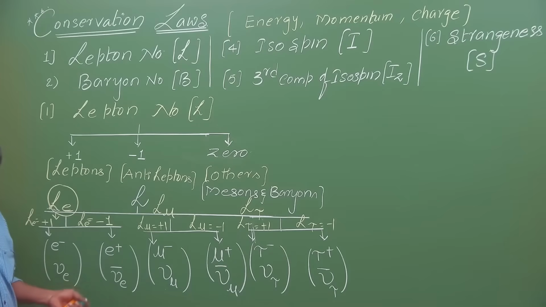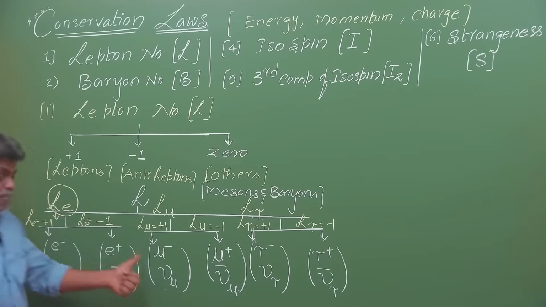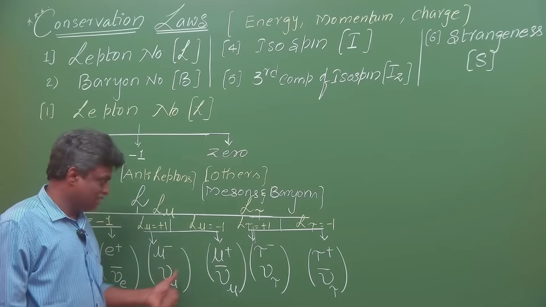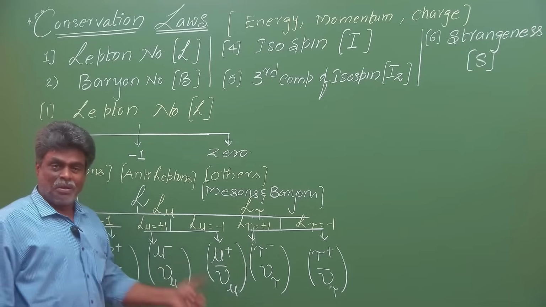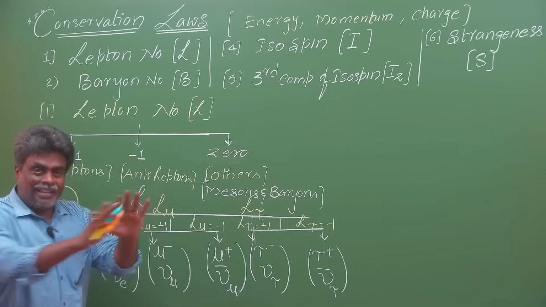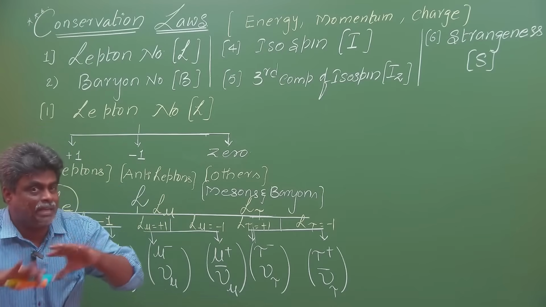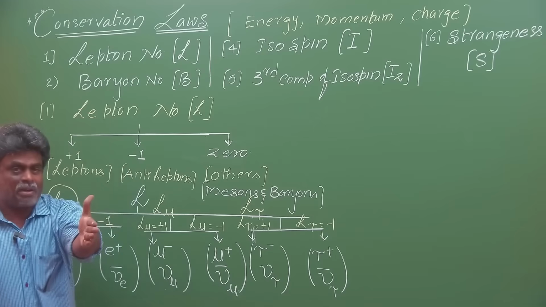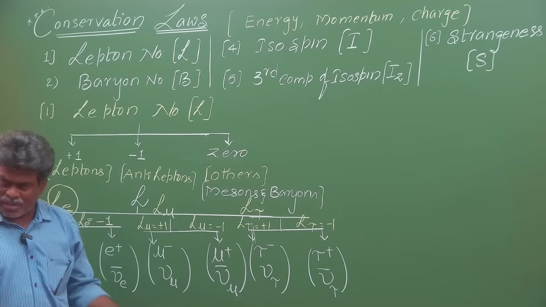For example, if e minus is there in a reaction, you must have e plus, nu e or nu e bar. If a mu minus is there and there is no other particle from the mu family, the reaction is forbidden. No need to check at all.